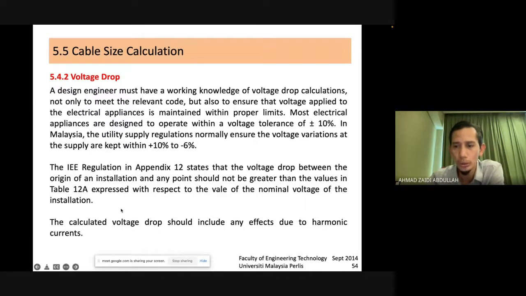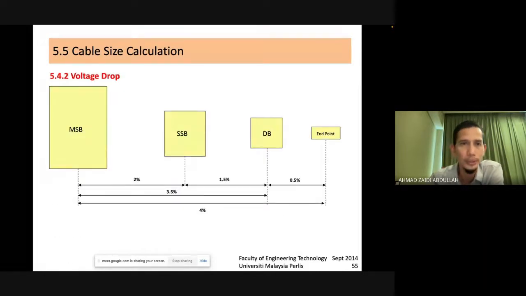We can see from this figure, which is from JKR, that they propose it is within 4% from the MSB to the end point of the installation. Let's say your lighting or socket is here, and the source of supply is the MSB, which TNB gives here.